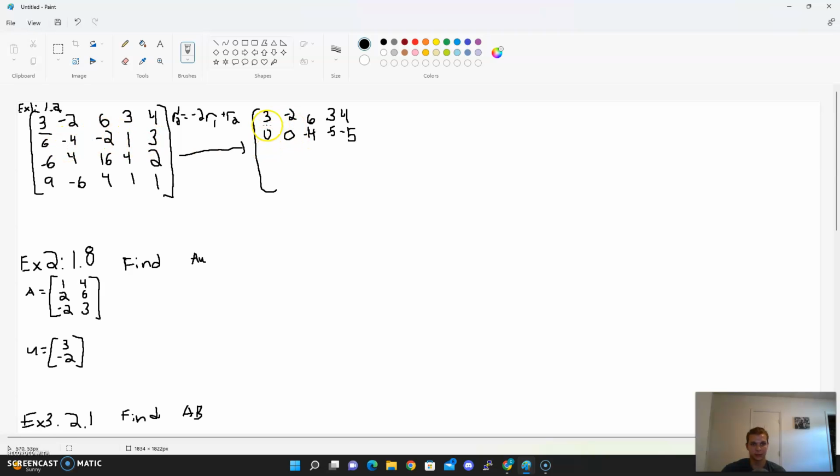We see a 0 under the 3 here, so we know we succeeded. So for the third row, R3 prime equals, so in order to cancel out this -6, we need a +6. So 2 times row 1 plus row 3 will cancel out this -6.